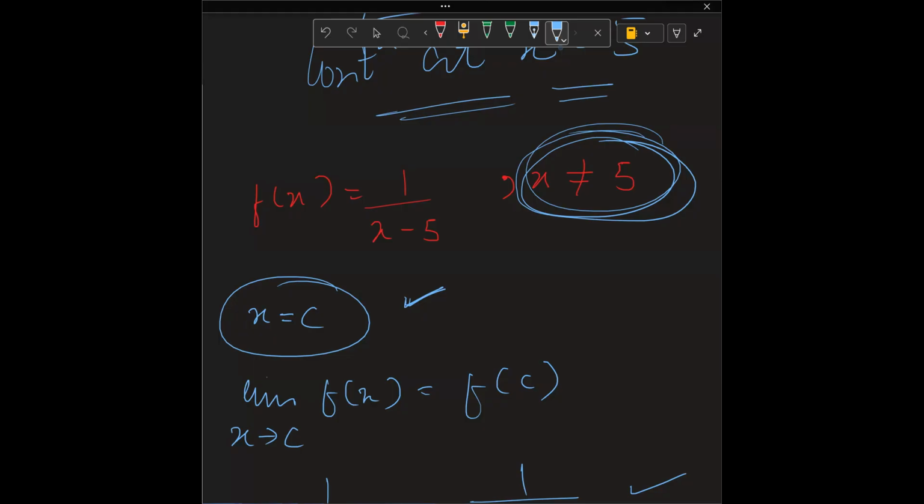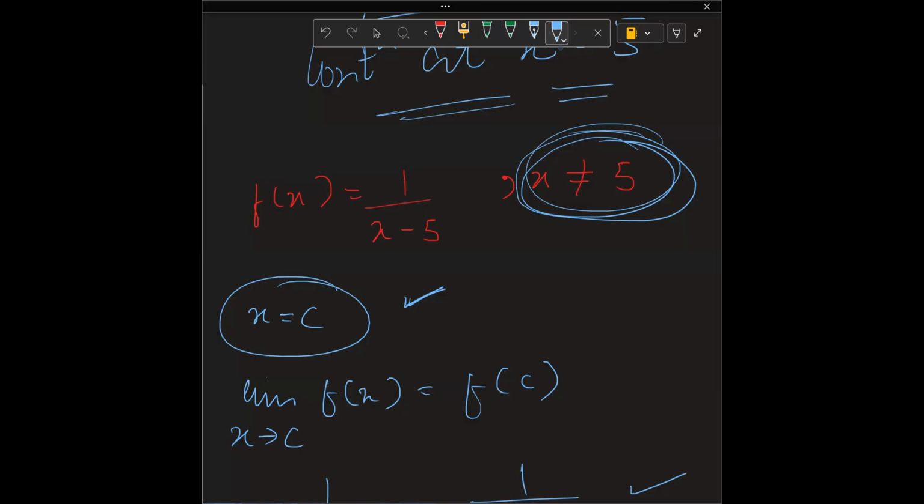The question is: for your function 1 upon x minus 5, why can the value of x not be equal to 5? Understood? That means you have a particular function 1 upon x minus 5, and there is a constraint given to you that your x value should not be equal to 5.